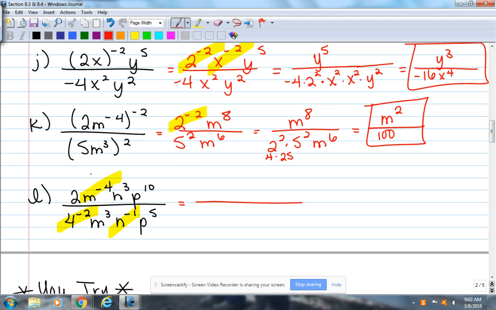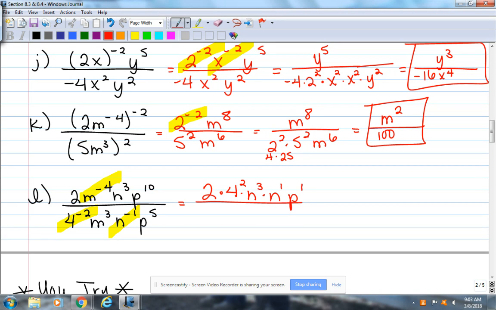All right. So, everything that's not highlighted will stay in its same location. So, the 2 is going to stay. But I'm going to bring a 4 squared up beside it, right? N to the 3rd is going to stay. And I'm bringing an N to the 1st up beside it, right?